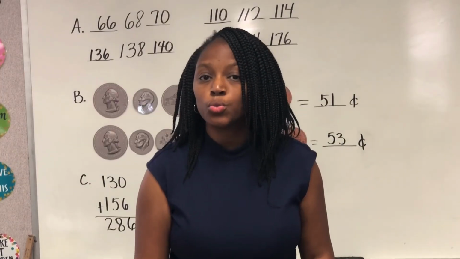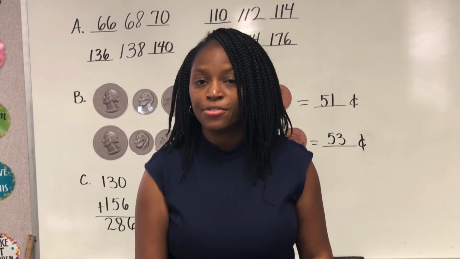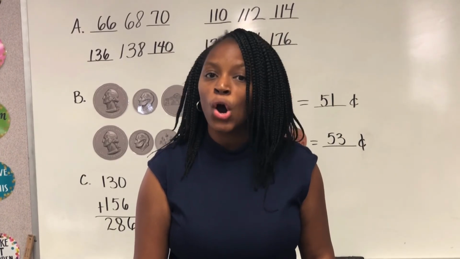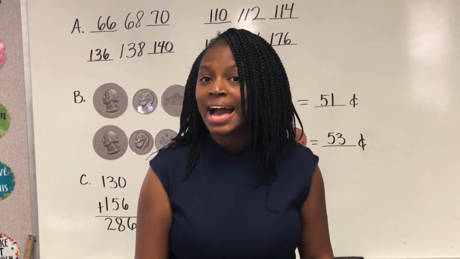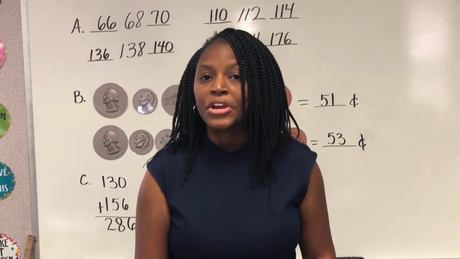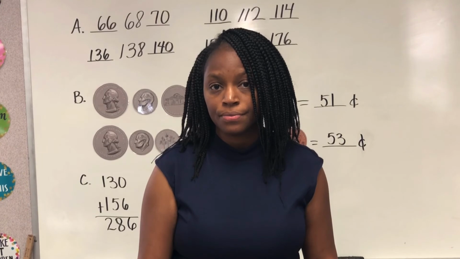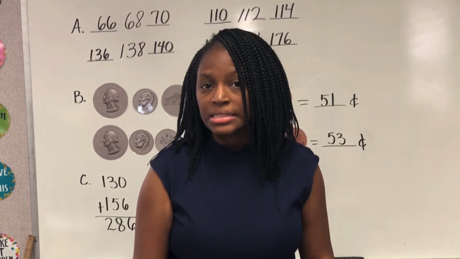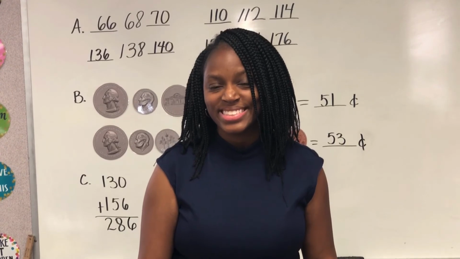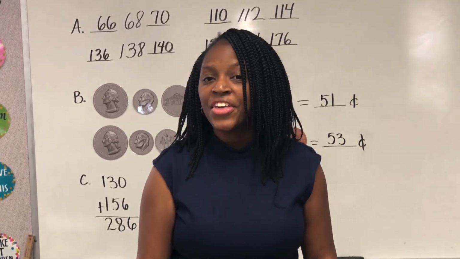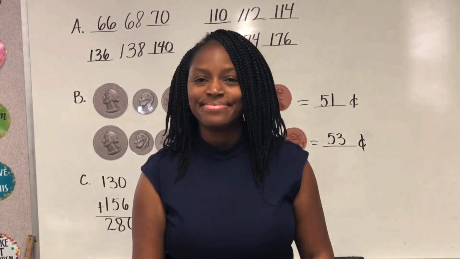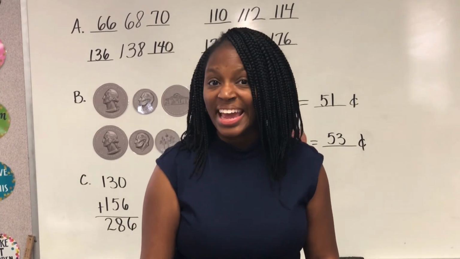All right, boys and girls, we're going to review our place value. Listen carefully. I'm going to call a number, and I'm going to ask for a specific place value. The number is 95. How many ones are in a number 95? There are 5 ones. 48.